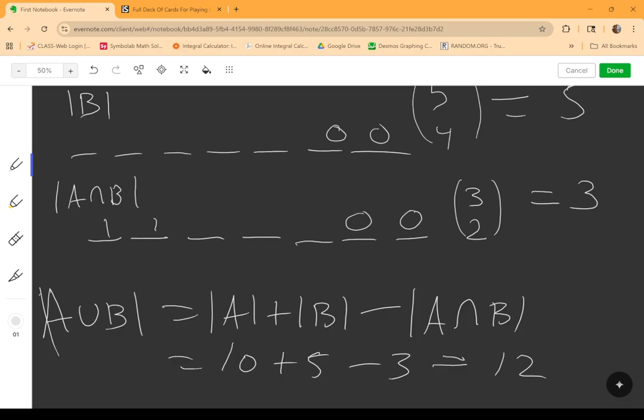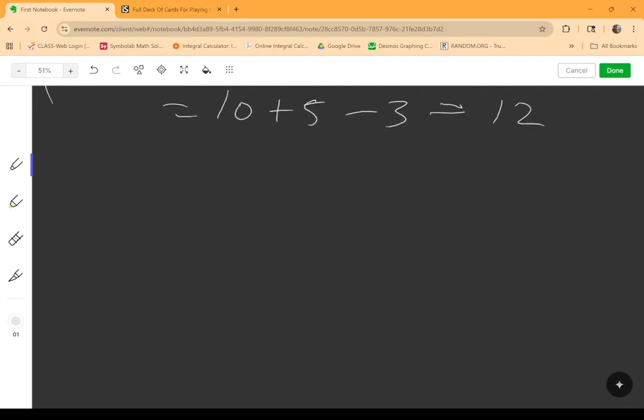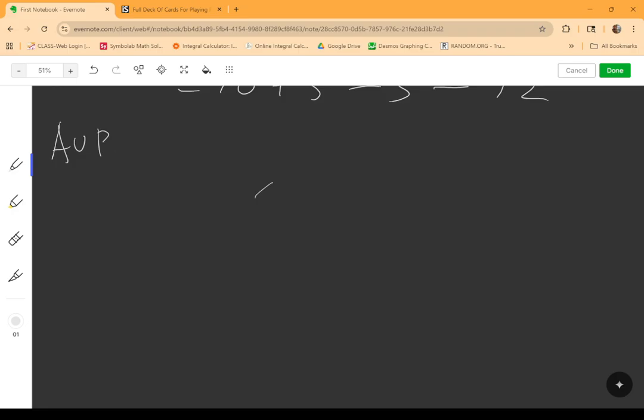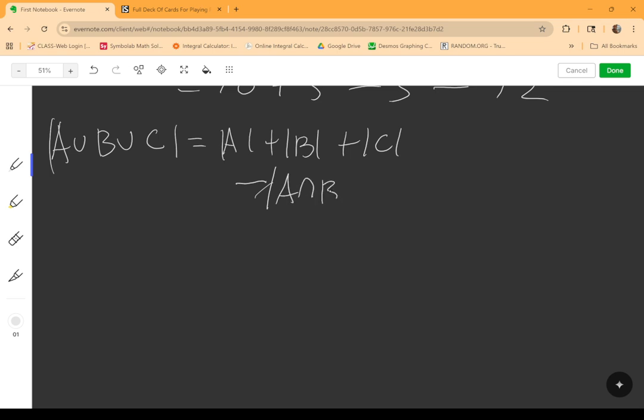Let's take a look at one that uses 3. As a reminder, for A union B union C in the principle of inclusion-exclusion, we have the magnitude of A plus the magnitude of B plus the magnitude of C, and then we subtract off all of the pairwise intersections.